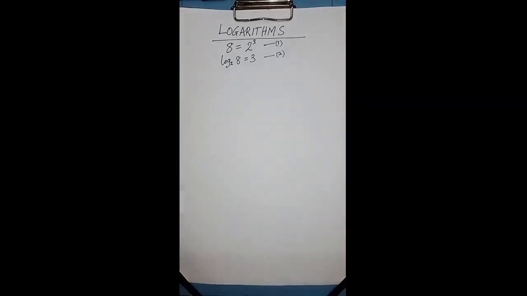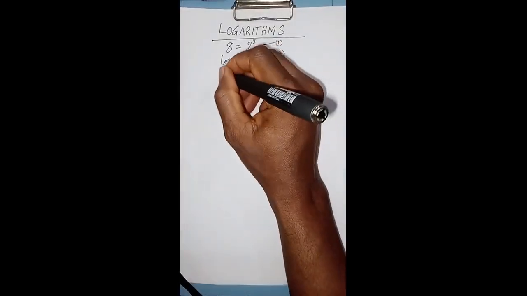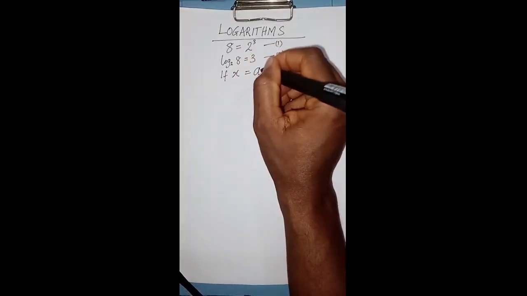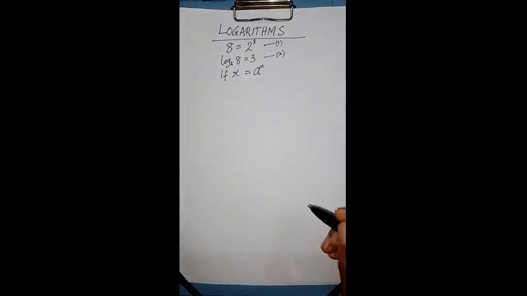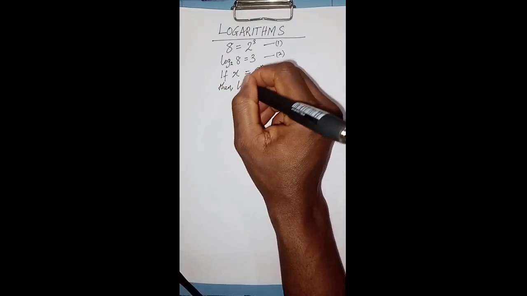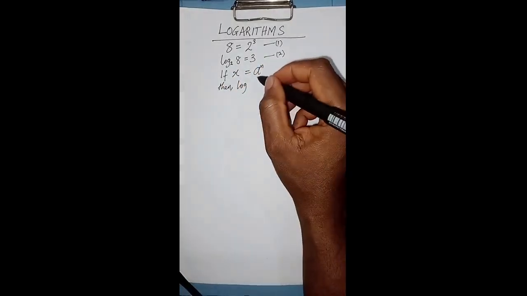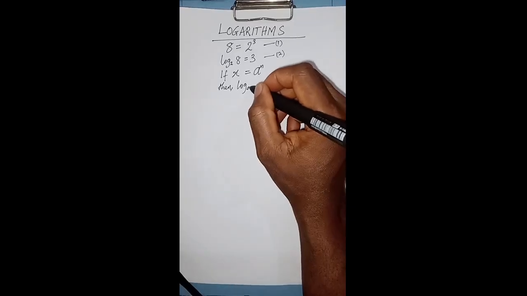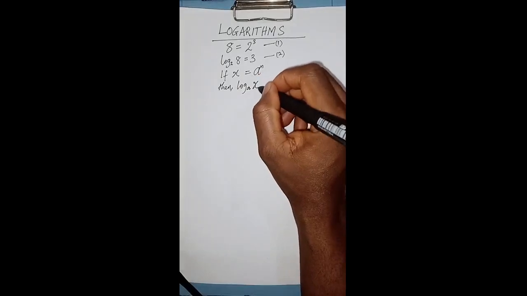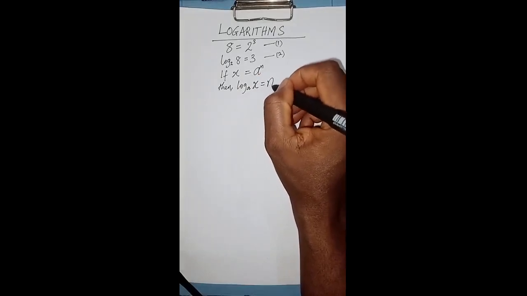So with this, let us establish a general form of a logarithm. If x is equal to a raised to power n, then what I'm saying is this: log x to base a is equal to n, which is the power.